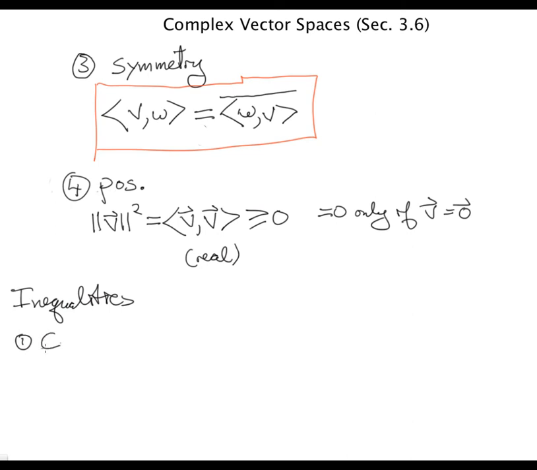So the Cauchy-Schwarz inequality says that the absolute value of <v, w> is less than or equal to the norm of v times the norm of w.